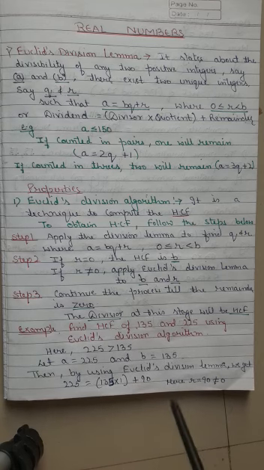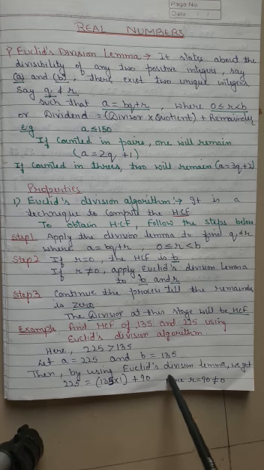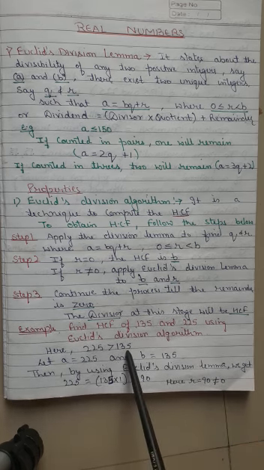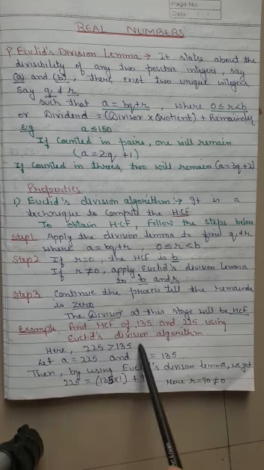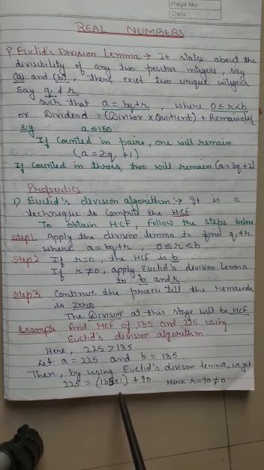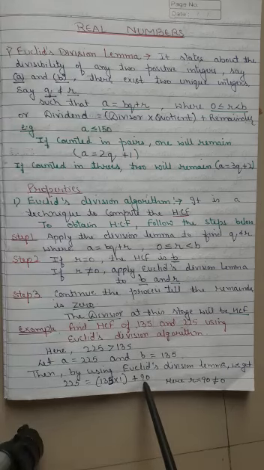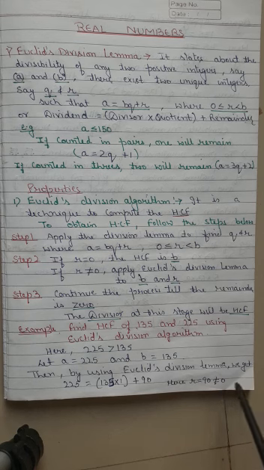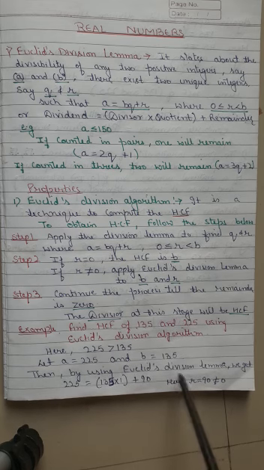This is nothing but a simple division method: 135 times 1 is 135 and the remainder is 90. Here the remainder is greater than 0, so we have to apply Euclid's division lemma till the remainder is 0. Again we have to apply Euclid's division lemma.